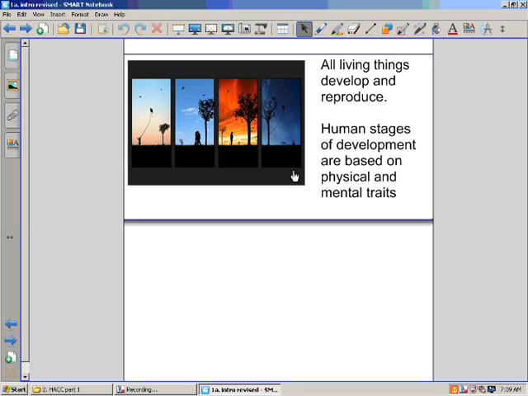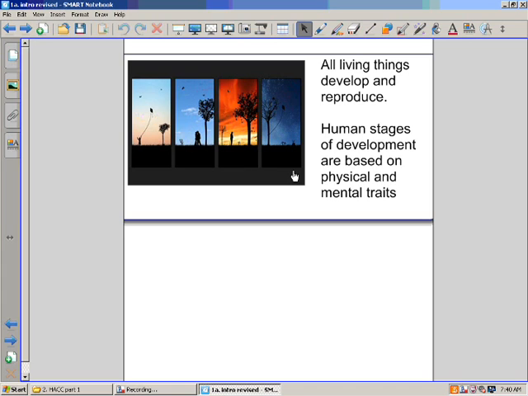All living things also develop and reproduce. So we have these stages of reproduction and development. For humans, we measure that by our physical traits as well as our mental ones. So physically and mentally, how do we mature? We grow up, we say that's a toddler because they're having a hard time walking, they're learning how to walk around.